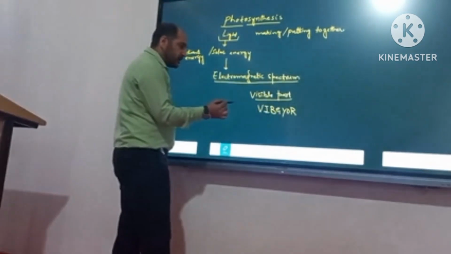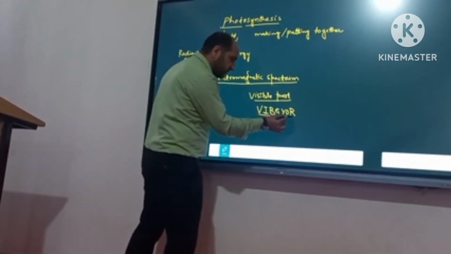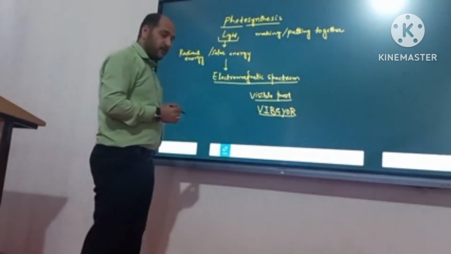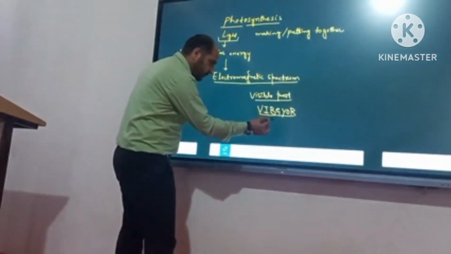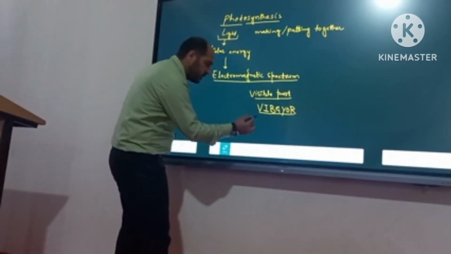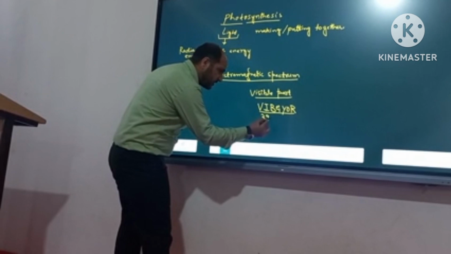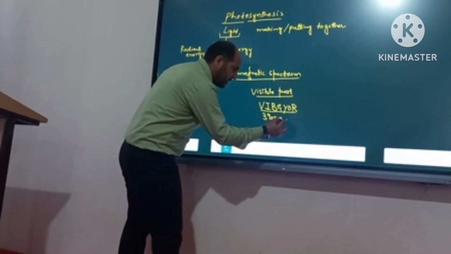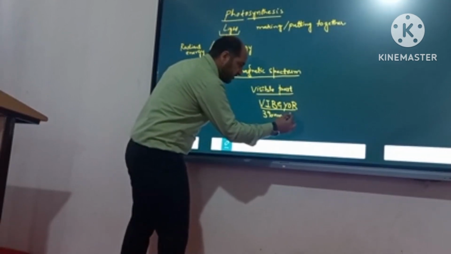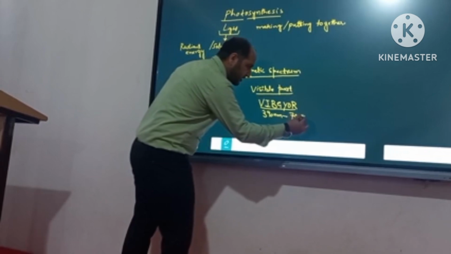The wavelengths of the visible part start from 390 nanometers, and the red wavelength is around 700 nanometers.